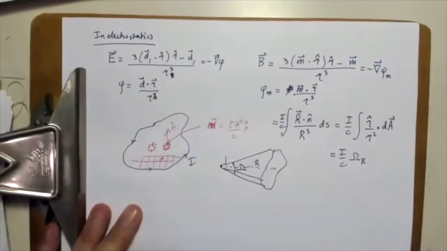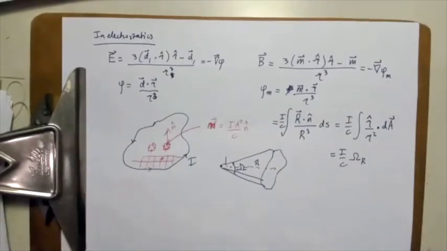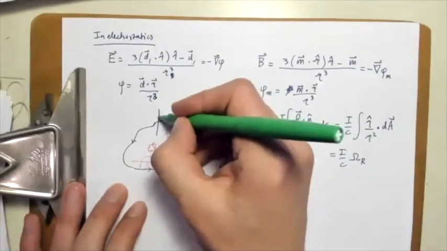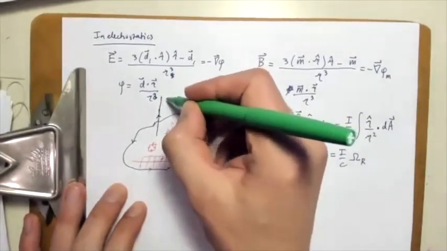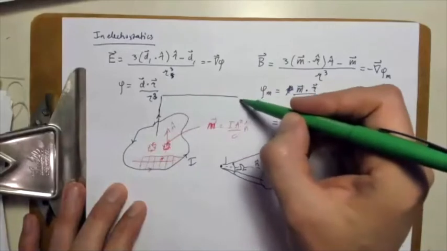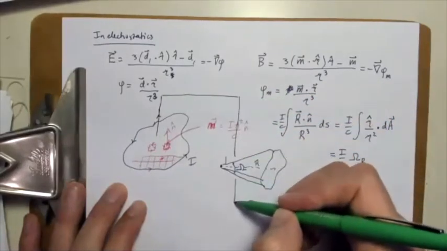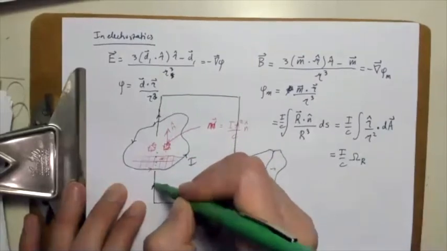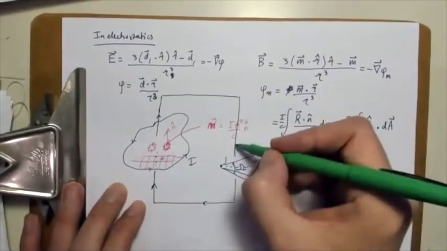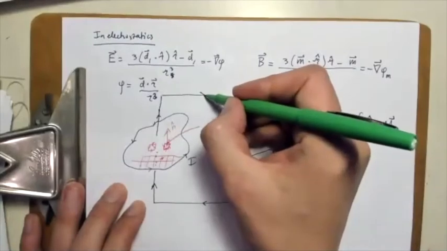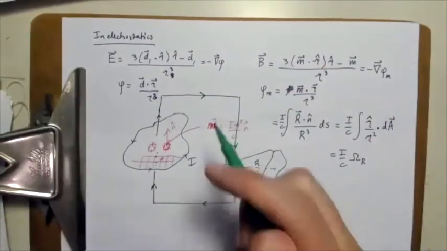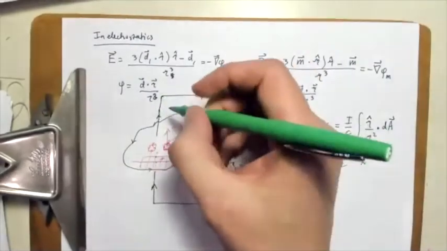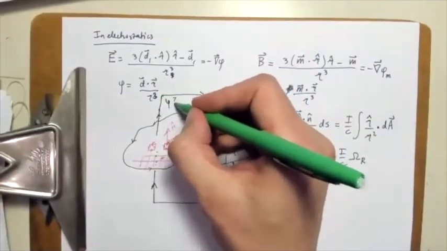For instance, we're going to take a path, and we're going to start somewhere here and go up, and we'll go out here, and then we'll end up back here. At every point here, we can ask ourselves, what is phi?